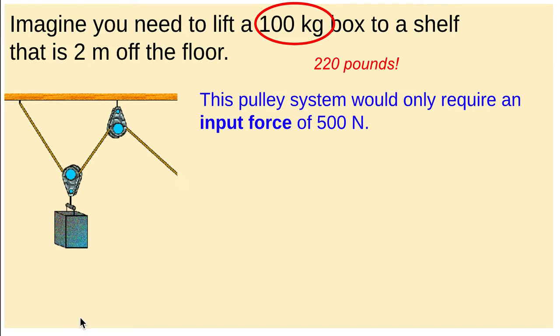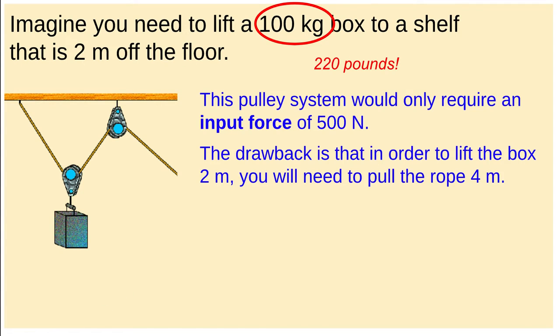So because there's some different ropes here, and I'm not going to go into all the specifics, but the way these ropes are arranged, when you pull with 500 newtons of force, the machine is able to lift 1,000 newtons of weight. Now, there's a drawback because you actually have to pull more rope than you would normally.